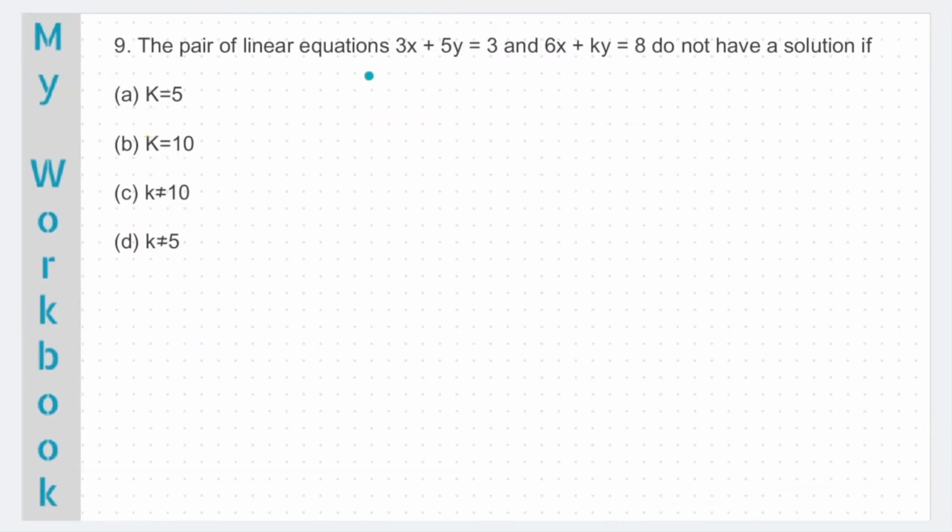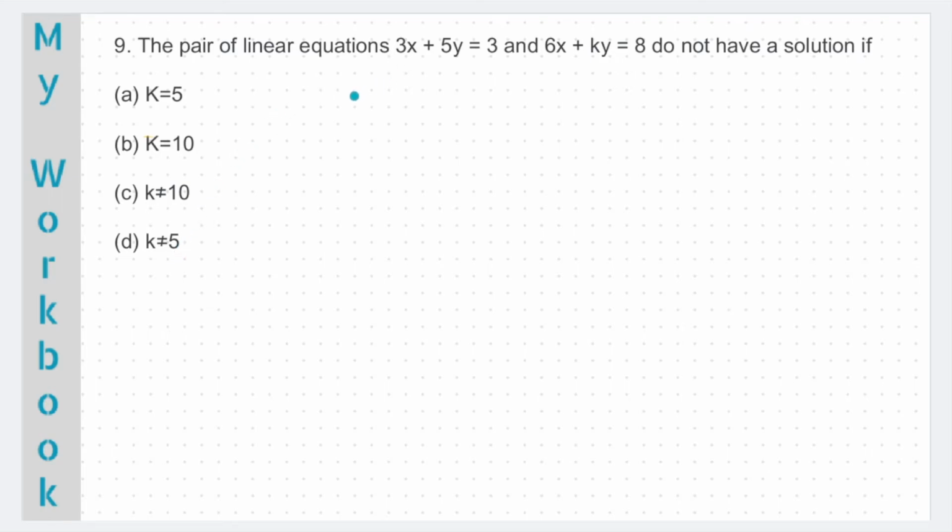Next, question number 9. The pair of linear equations 3x plus 5y equal to 3 and 6x plus ky equal to 8 do not have a solution if k is equal to 5, k is equal to 10, k is not equal to 10 and k is not equal to 5.